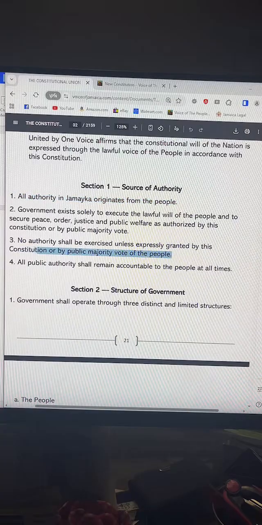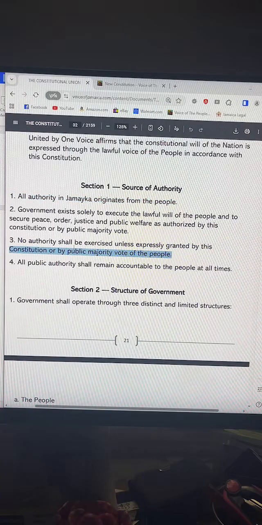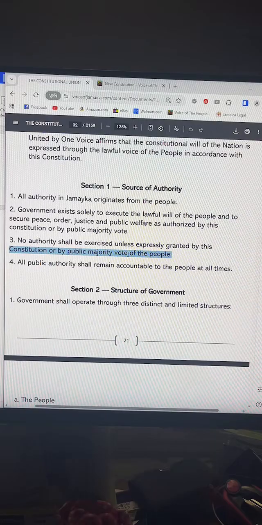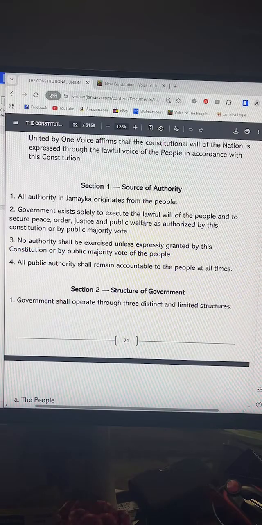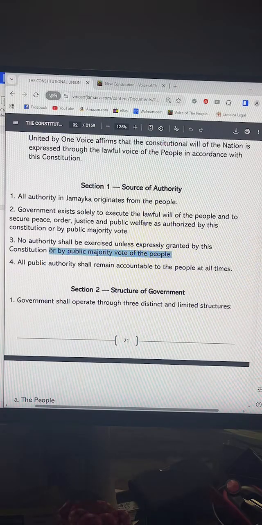Now, the reason we have this either-or here is because in some cases we might have an emergency. The constitution cannot predict when an emergency might come around, right? There are certain situations where we may just need to have a quick public vote based on the circumstances in our society. So now we have that flexibility as a people, not as bureaucrats.